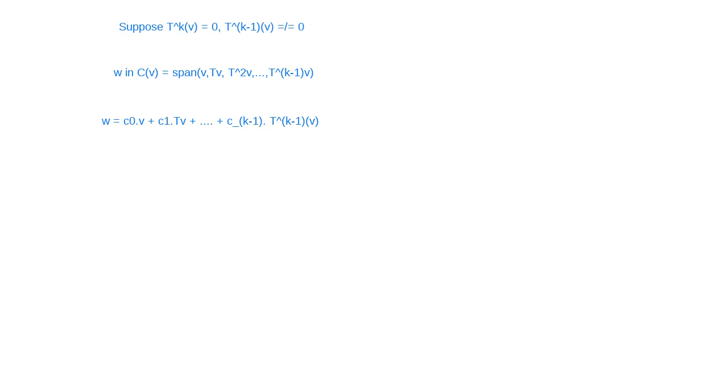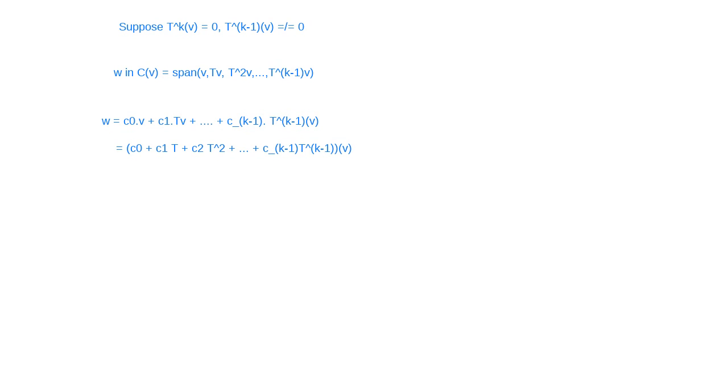If I rewrite that, that's just equal to c0 plus c1 T plus c2 T squared plus up to c_{k-1} T to the k minus 1, evaluated at v. So it's just some polynomial of T evaluated at v. We can rewrite that as p of T times v.